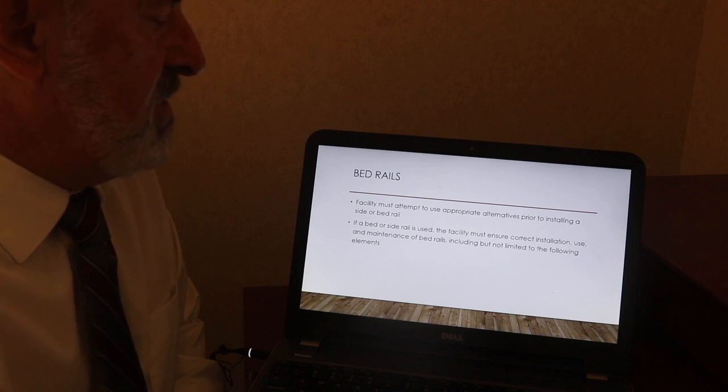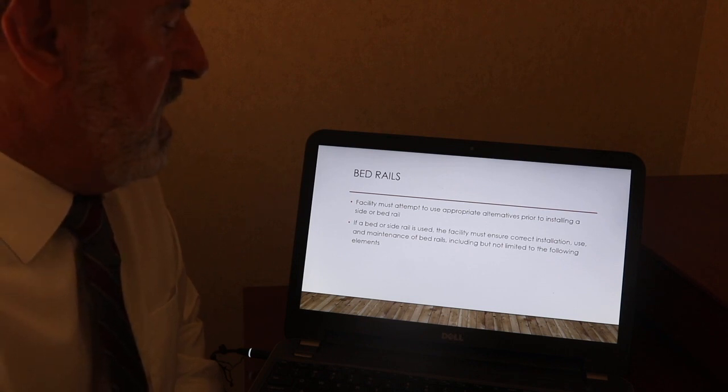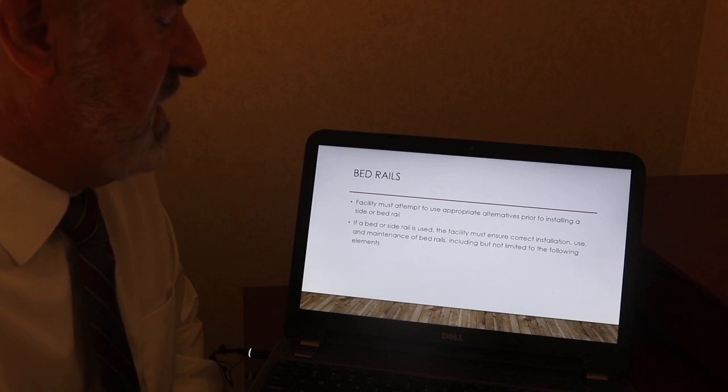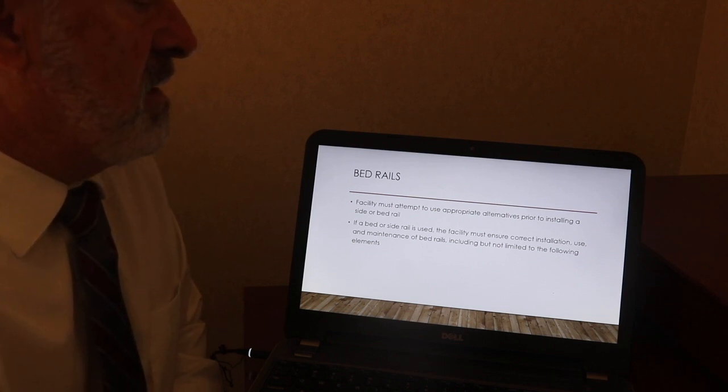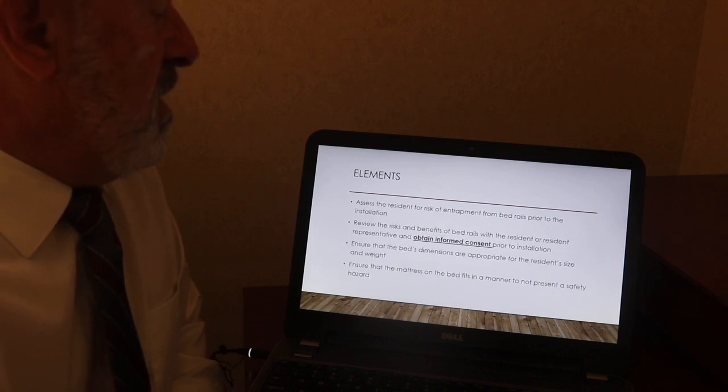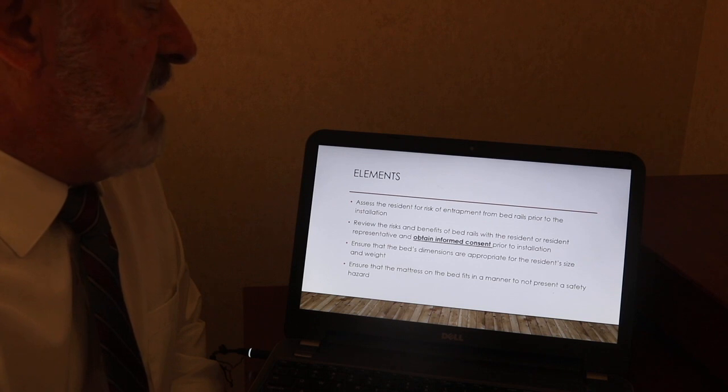Facility must attempt to use appropriate alternatives prior to installing a side or bed rail. If a bed or side rail is used, the facility must ensure the correct installation, use, and maintenance of the bed rails, including but not limited to the following elements. Assess the resident for the risk of entrapment from bed rails prior to the installation.